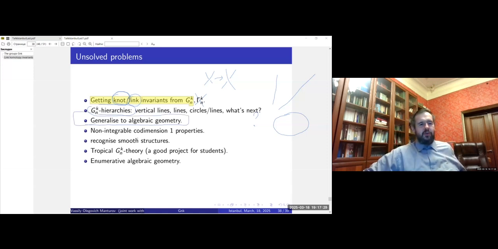So as I mentioned, we can consider not only lines or planes or hyperplanes, we can consider manifolds and submanifolds which move somehow. Well, there is a question about the non-integrable codimension one property.